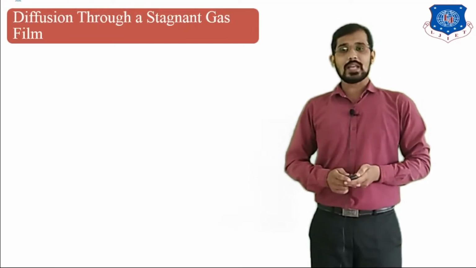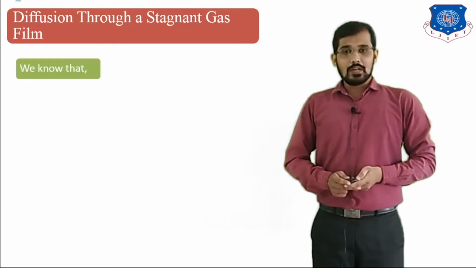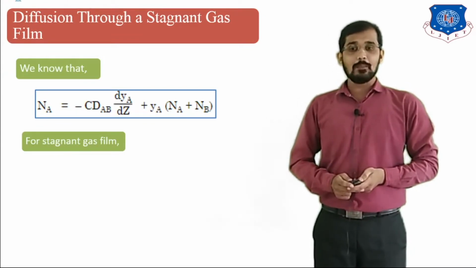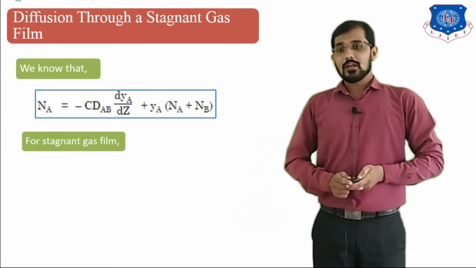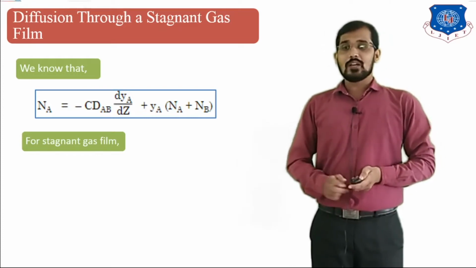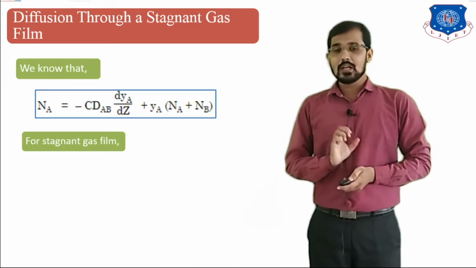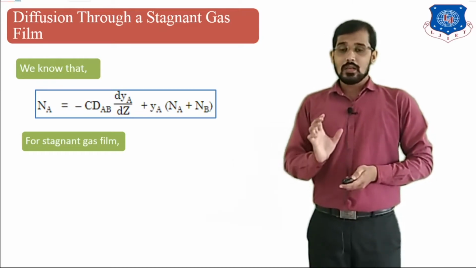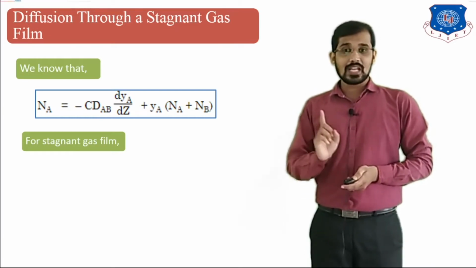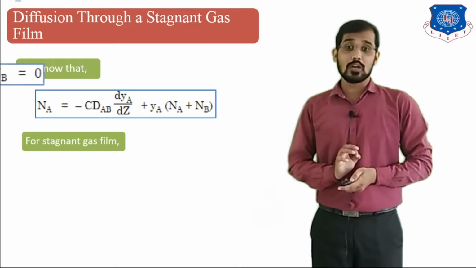So, diffusion through a stagnant gas film. We know that NA = -C D_AB dY_A/dZ + Y_A (NA + NB). This is the total molar flux for component A. After that, for stagnant gas film, there is one condition. I told you stagnant gas film means one of the components in the mixture is stagnant and has zero molar flux. In this case, component B is stagnant, so the molar flux of component B is zero.